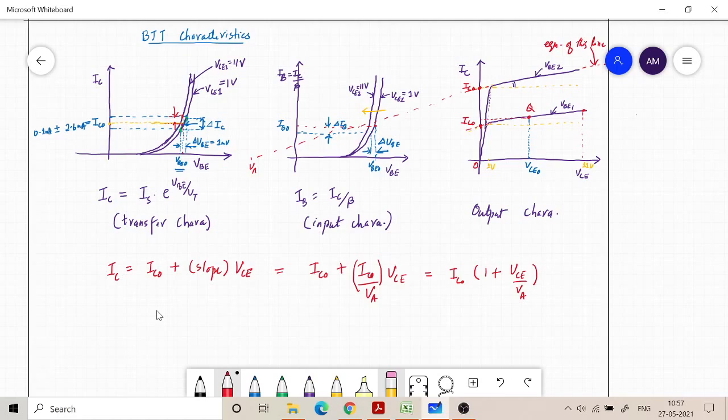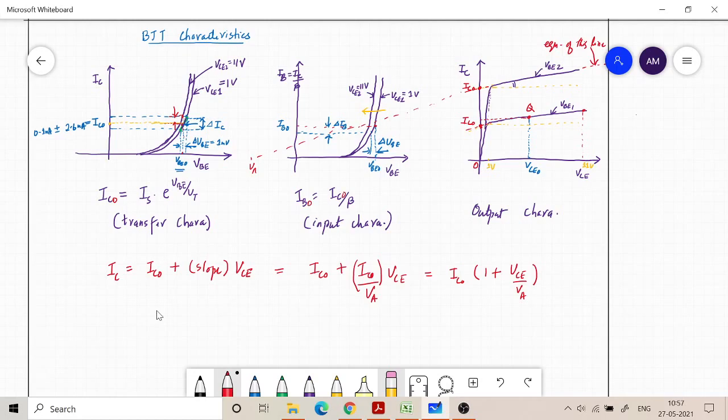So IC0 is basically the constant current which doesn't depend upon the value of VCE. Okay, so that was our earlier current. This is basically our IC0, and similarly this is my IB0.